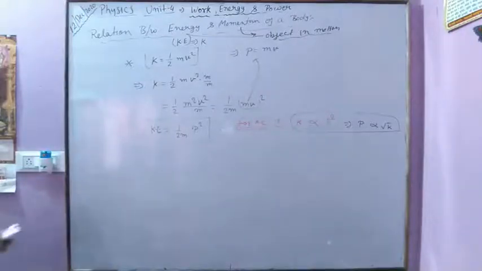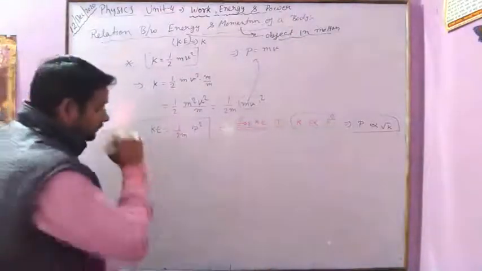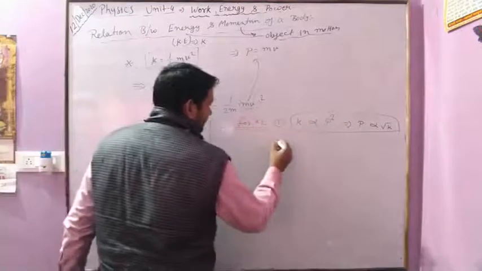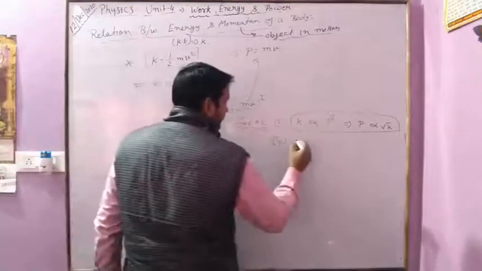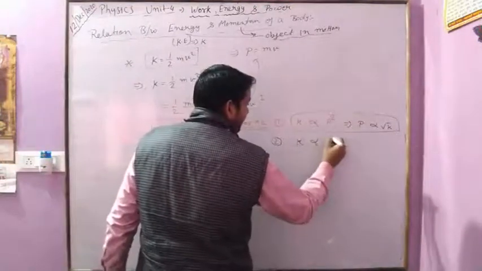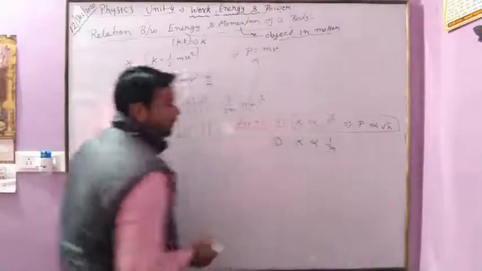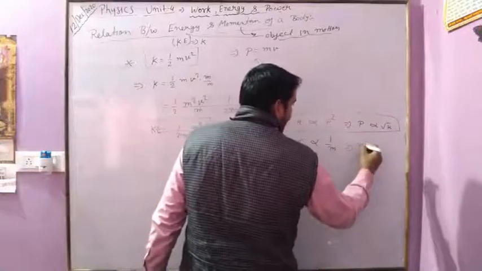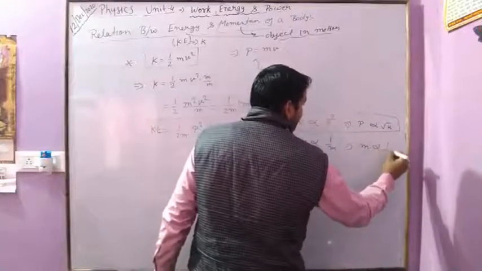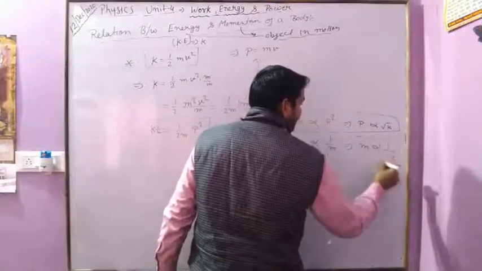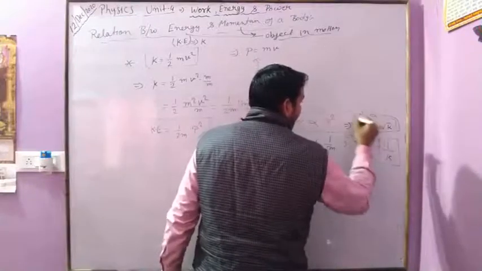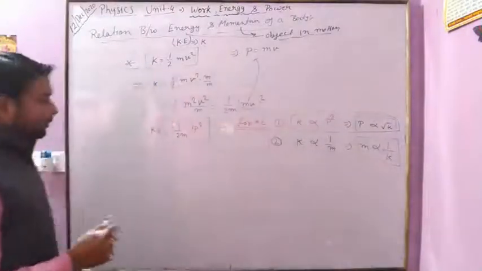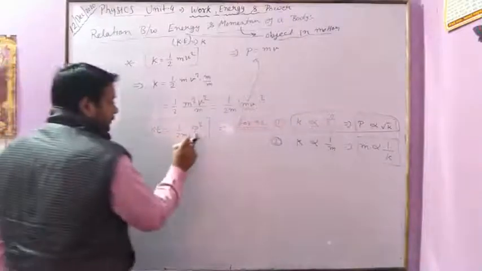Now the second situation is that kinetic energy is inversely proportional to the mass of the object. So from here you can also say mass is inversely proportional to the kinetic energy.